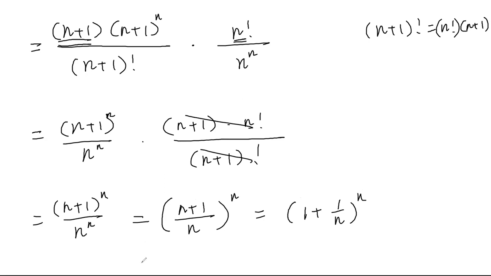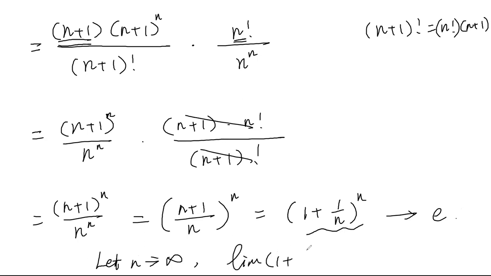And now when you take the limit, this goes to e. This is from the definition of this limit, or yeah, I think e is defined to be the limit of this thing, (1 plus 1 over n) to the n as n goes to infinity, is equal to e.